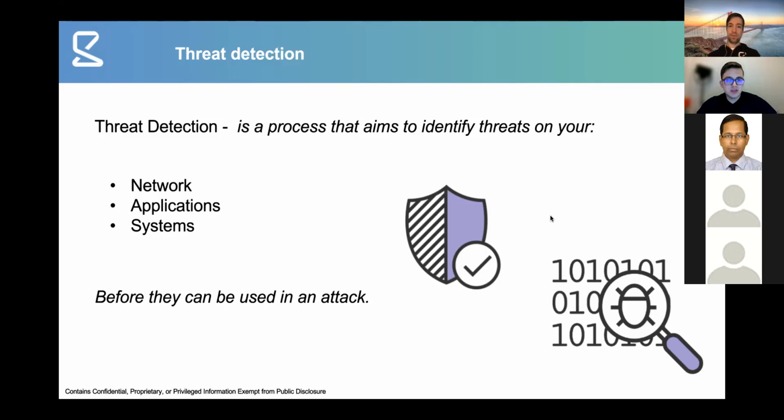On the systems, a threat detection system can detect anomalies, which are deviations from the baseline. For example, if during the night a VM usually uses 25% of the CPU, and at some point it starts using 100%, it is an anomaly, and it will be detected by a threat detection system.